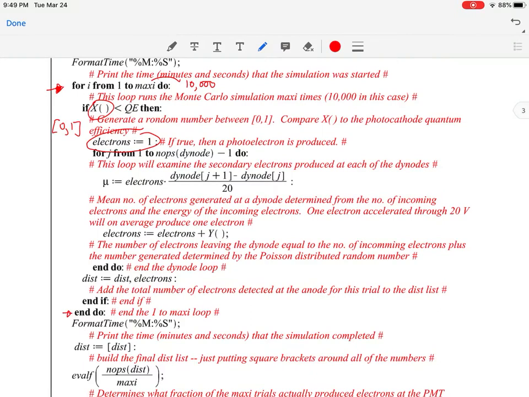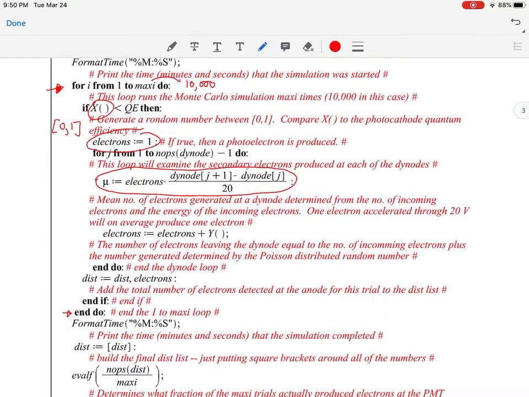Okay, when we do create an electron, what we're going to do is go from the first dynode to the last one, and we're going to set the value of mu, the mean of our Poisson distribution.